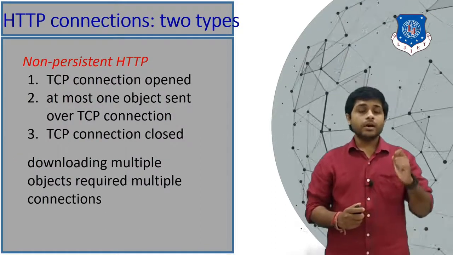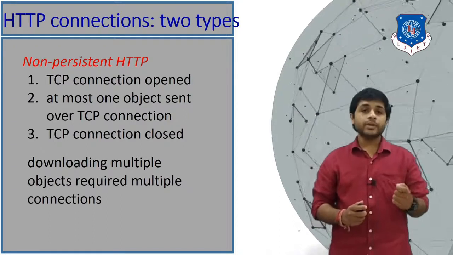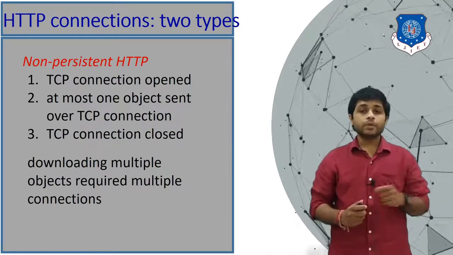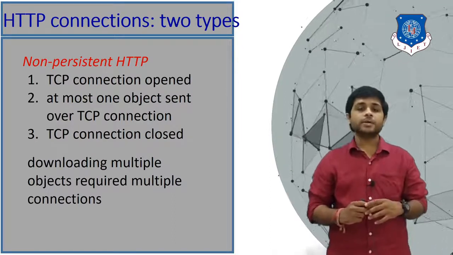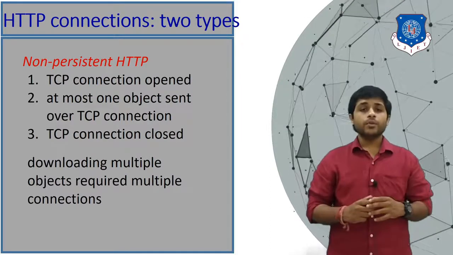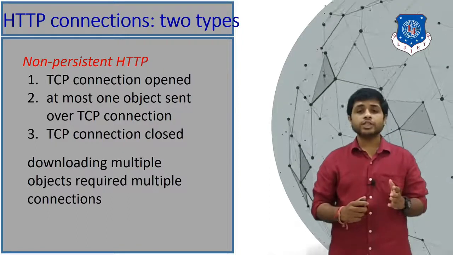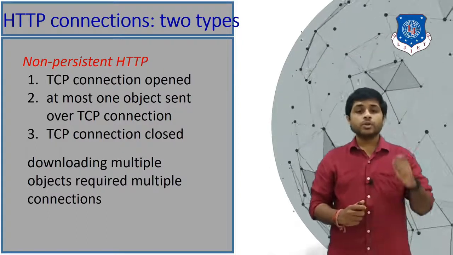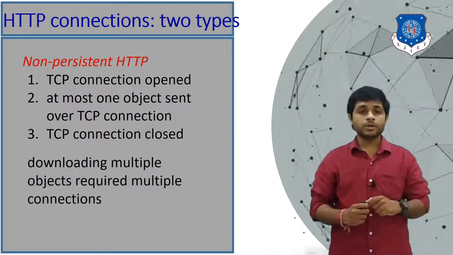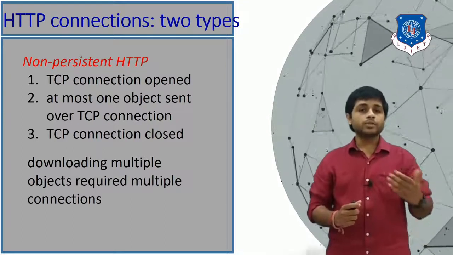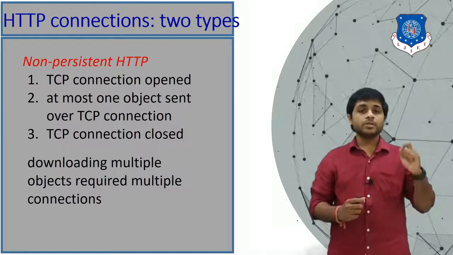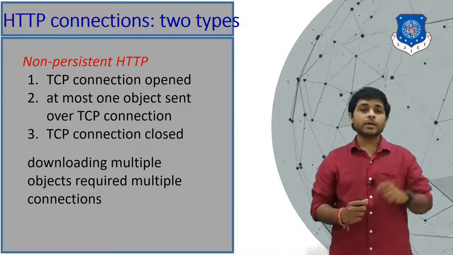Now HTTP has two types: the non-persistent HTTP connection and the persistent HTTP connection. Let's see what the non-persistent HTTP connection is. In non-persistent HTTP, when the client, meaning your computer, wants to connect to the server, it will first create the TCP connection.